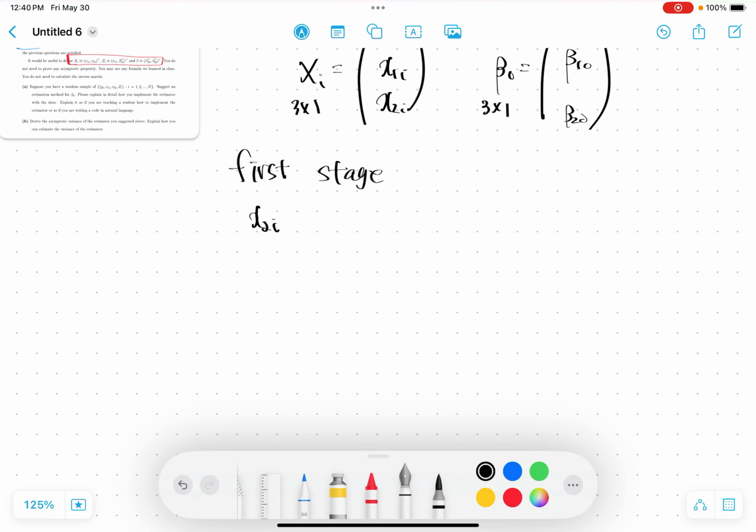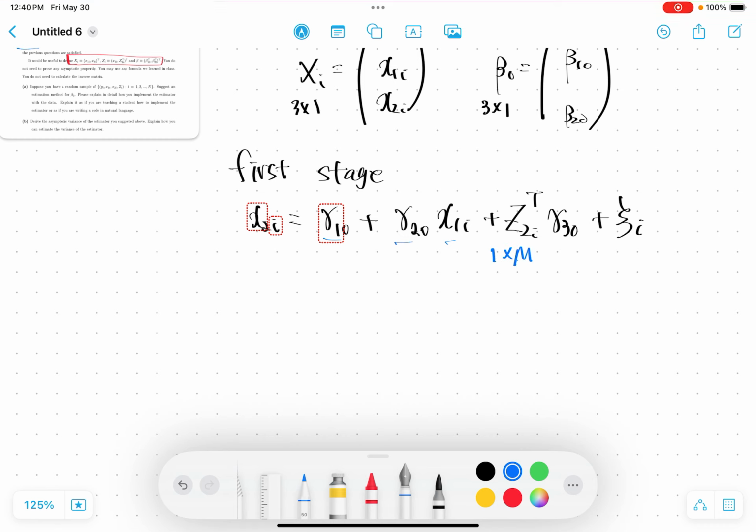We explain x2i using intercept, say gamma 1 0, plus exogenous variable x1i plus excluded exogenous variables z2 transpose gamma 3. Okay, these are scalars, but I assumed z2 is an m by 1 vector, so after transposition it is 1 by m, and so gamma 3 is m by 1 again.